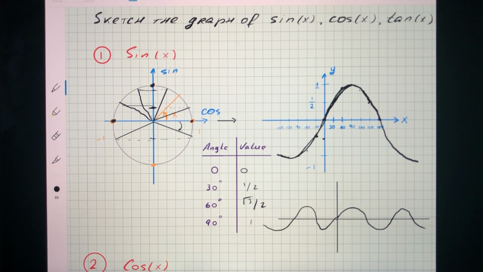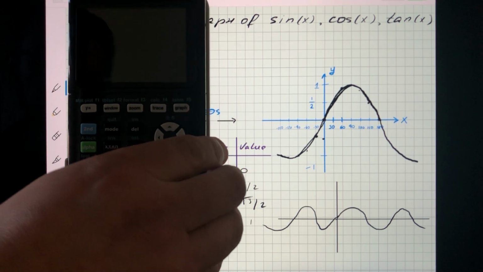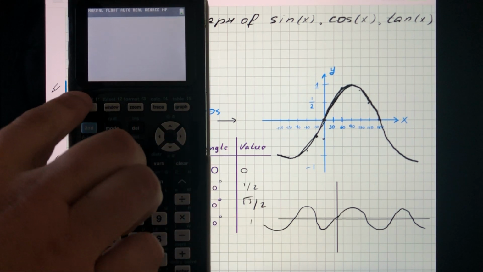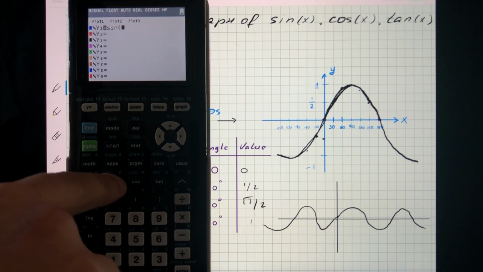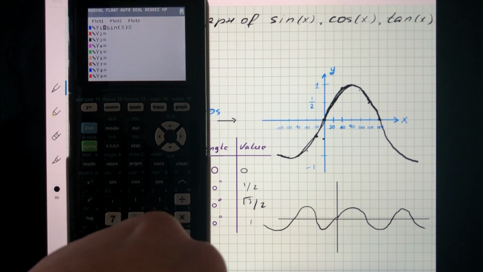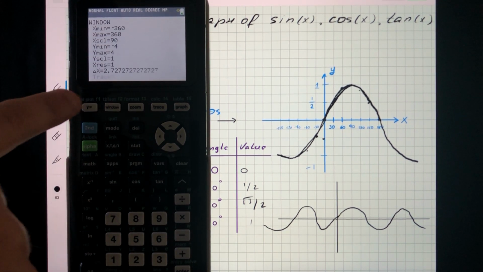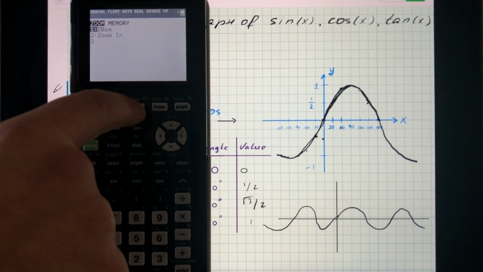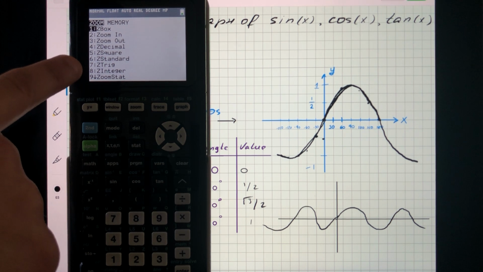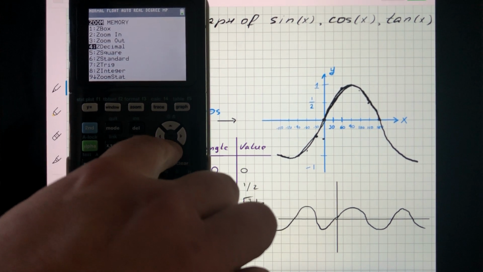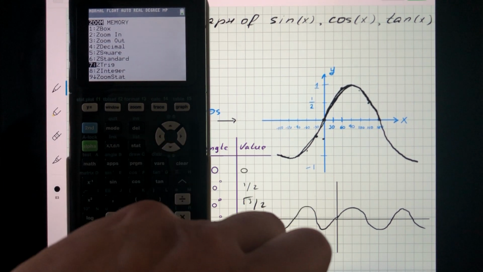So here is the calculator version of it. Let's go to y, type in sine of x, and for the window zoom we can choose the 7, which is the trigonometric window, and that'll make the picture a little bit better to look at.